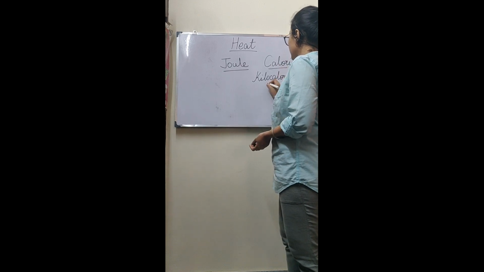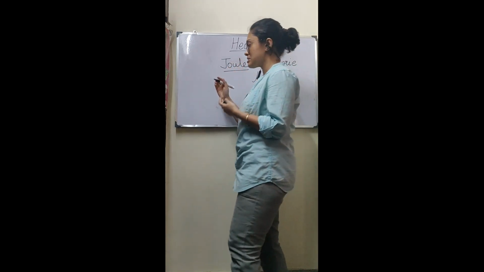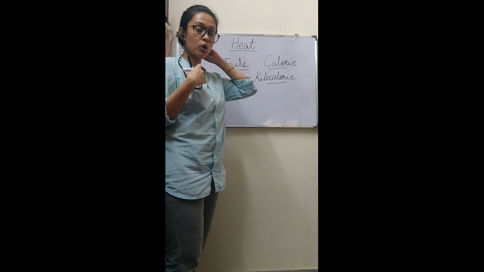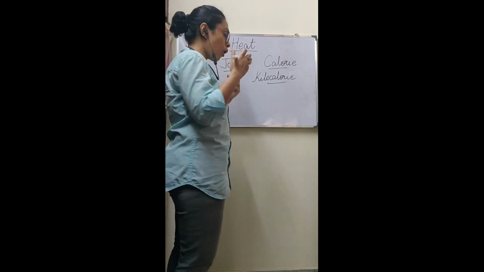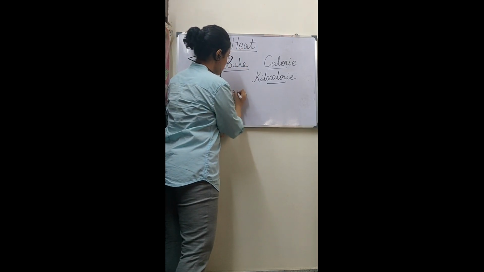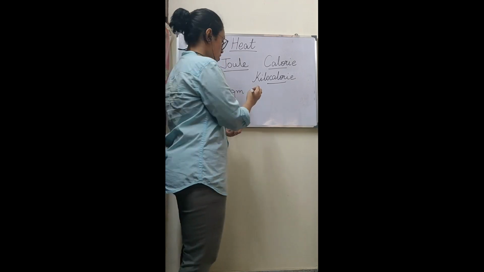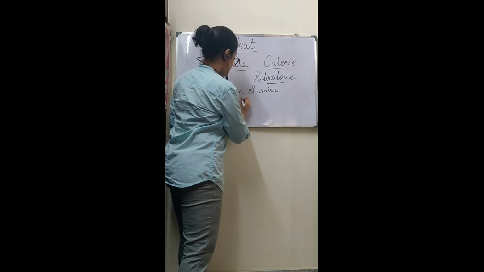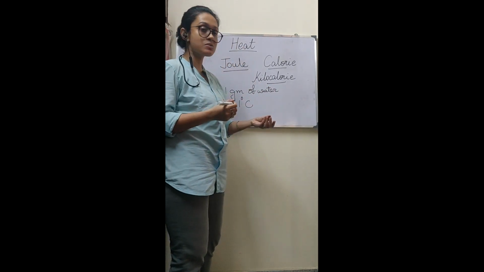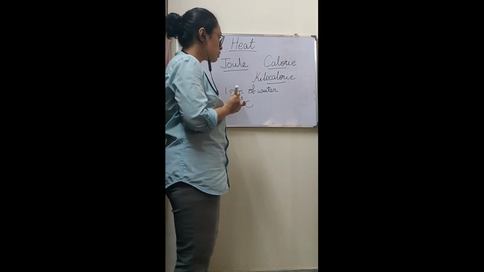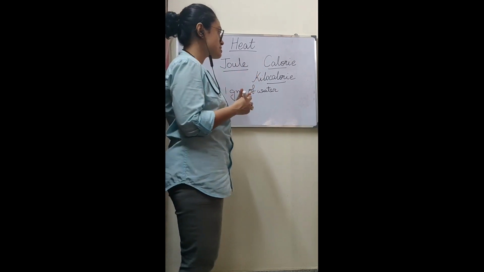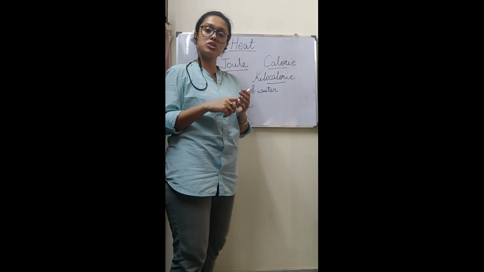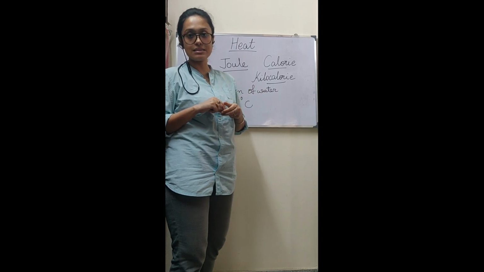Now, 1 calorie means the amount of heat that is required to raise the temperature of 1 gram of water by 1 degree Celsius. That is what we mean by calorie. Kilocalorie is a higher unit, which means the amount of heat needed to raise the temperature of 1 kg of water by 1 degree Celsius.